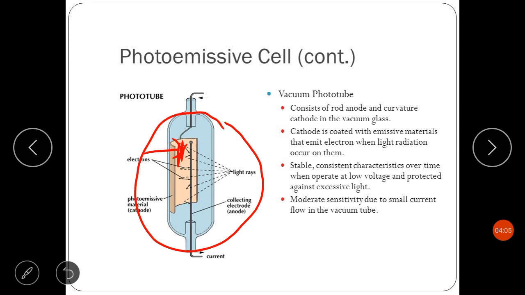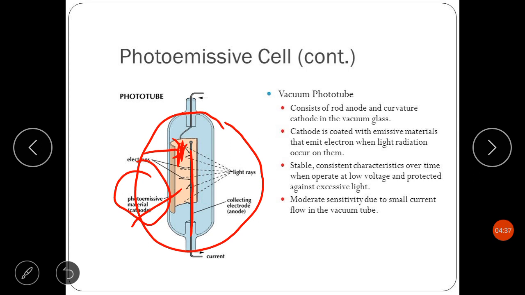This concave part works as the cathode. Now, which is the anode? As you can see, there is a rod mounted at the center of curvature of the cathode. This is the rod anode.